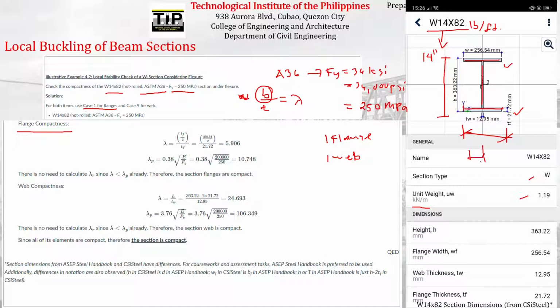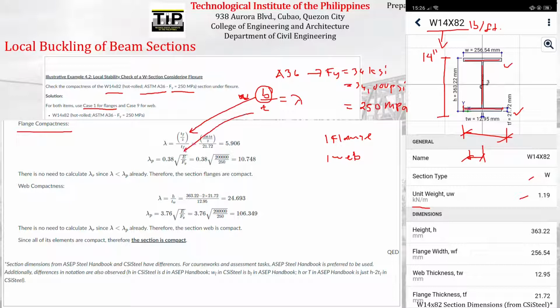You can see in the code a note that the width for a flange is equal to half of the width of the flange, not the whole width itself. So the B is not actually the width, but half of the width of the flange.